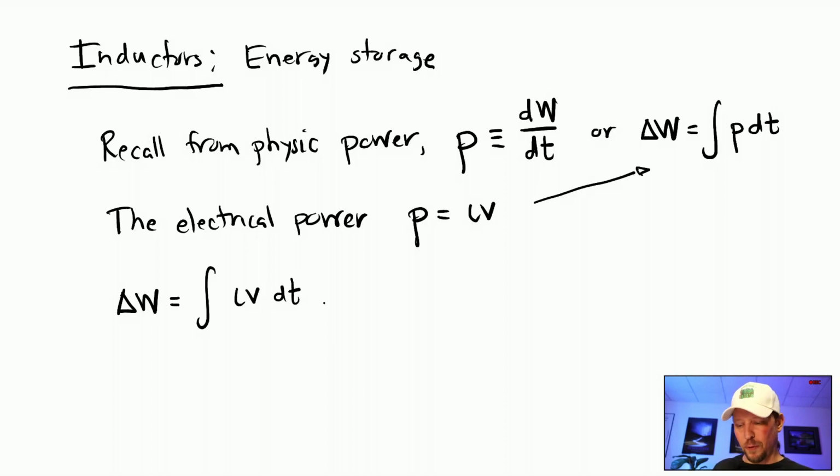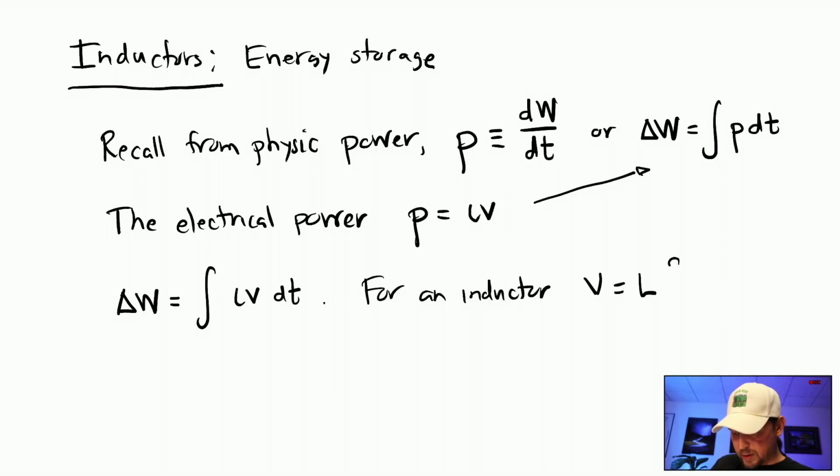But we just found for an inductor, the voltage across the inductor is equal to the inductance times the time rate of change of the current.